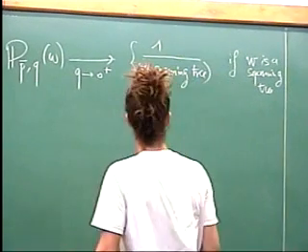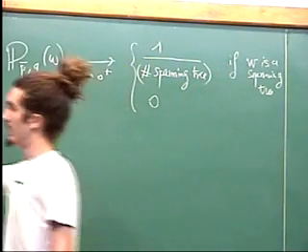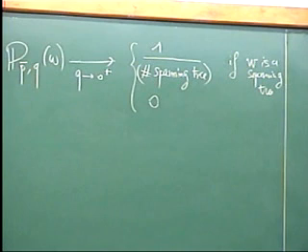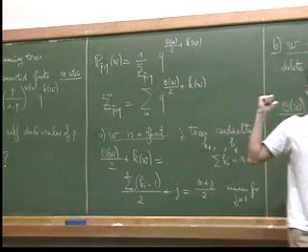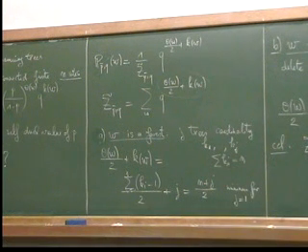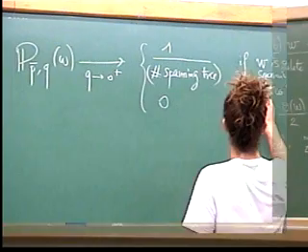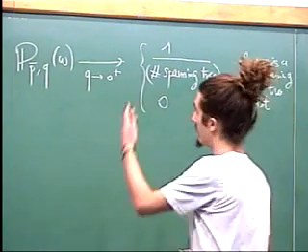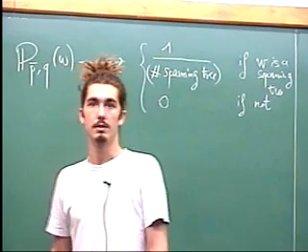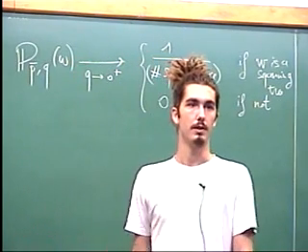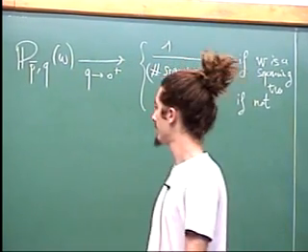And in the other case, we get 0, because we get a term that has a power bigger than the case of spanning tree, so it tends to 0. So we have the result I announced. This is that this measure tends to the uniform measure on spanning trees, right?